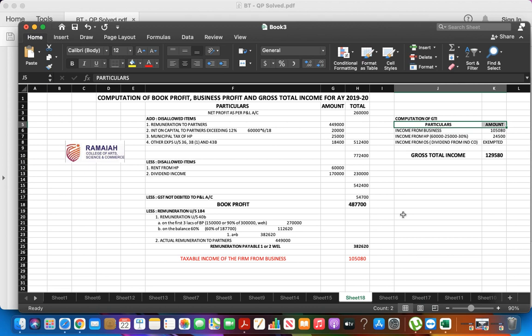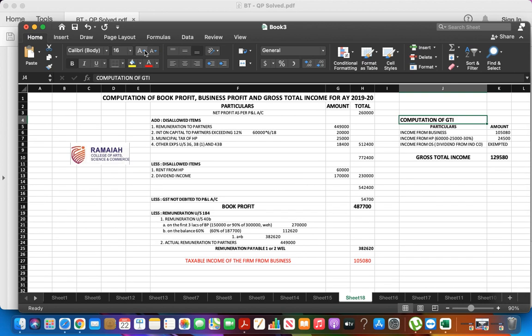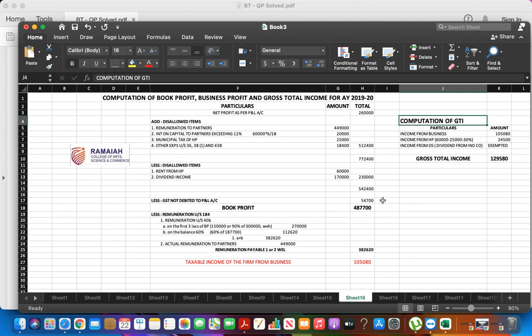So if you have any doubts, any queries, please feel free to ask. From yesterday's question and today's question, only one difference, that is income from house property. They have given in the question rent from house property.